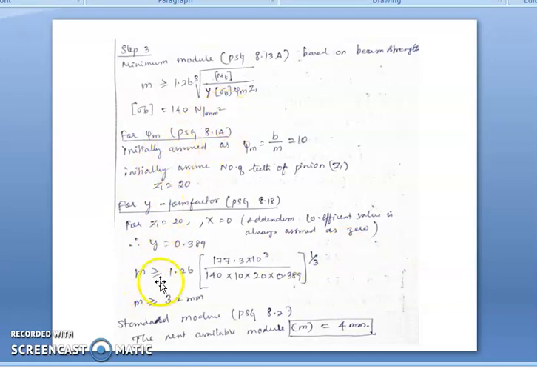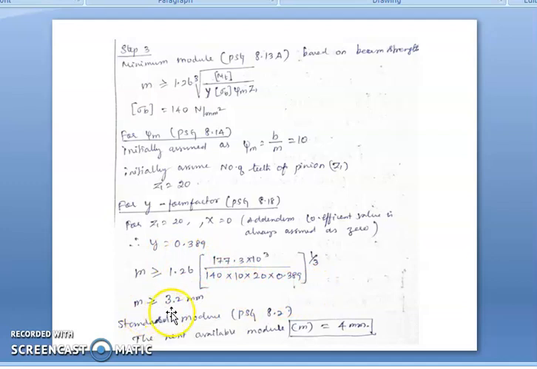So m is greater than or equal to 1.26 times the cube root of design Mt, 177 into 10 power 3, by sigma b 140, psi m 10, Z1 20, and form factor Y 0.389.